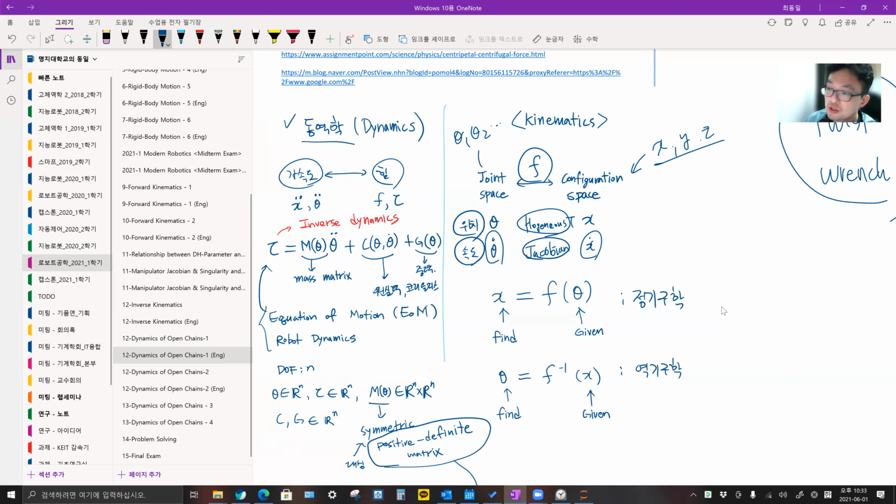So until now we learned about this. This one is position level, this one is velocity level. We call this kinematics, and we call this velocity kinematics.